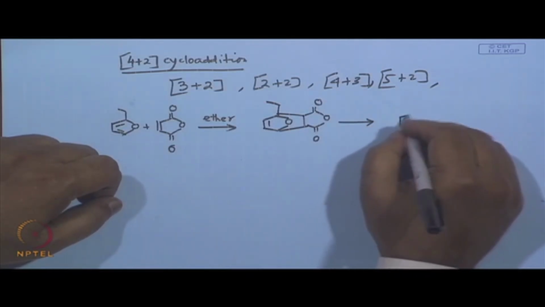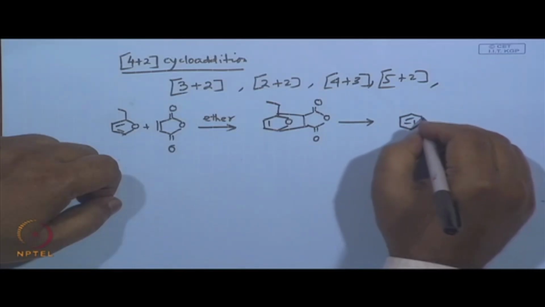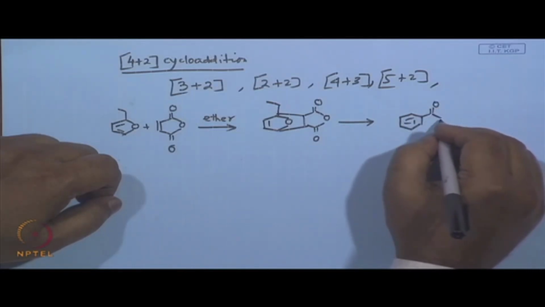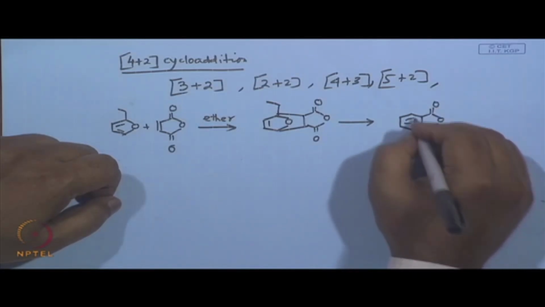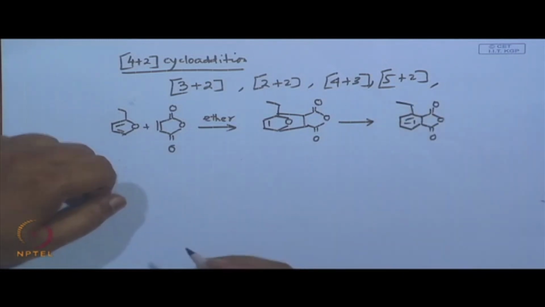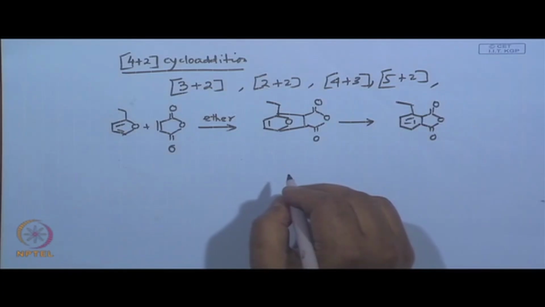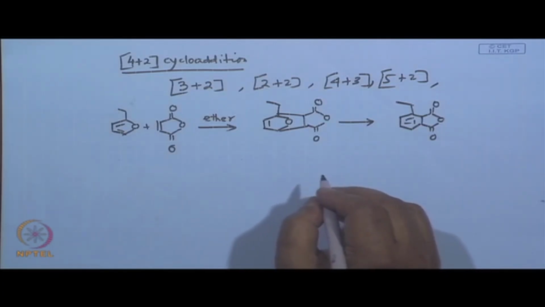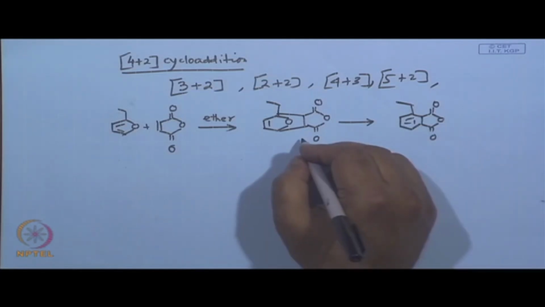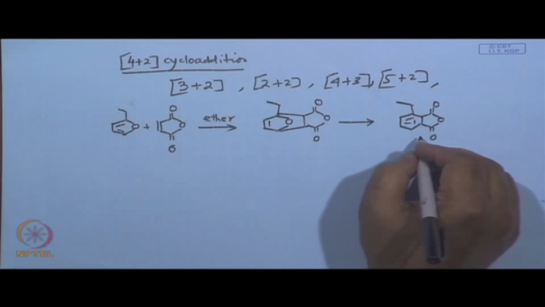Okay. And then of course, we wanted to have the corresponding anhydride, ethyl substituted phthalic anhydride. This was done very recently in our lab. So, how to do it? From here to here, if you just do a calculation, there is actually no change in the oxidation number.